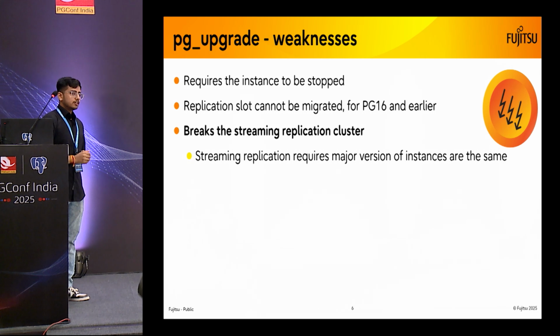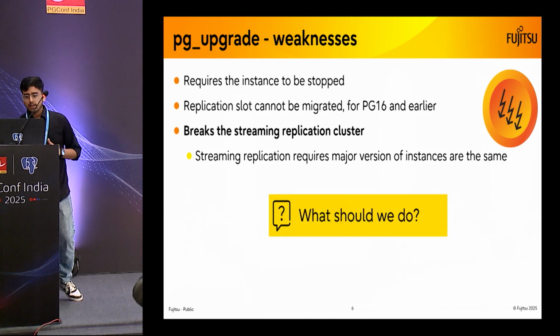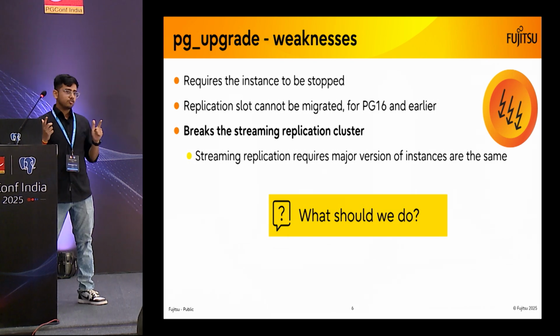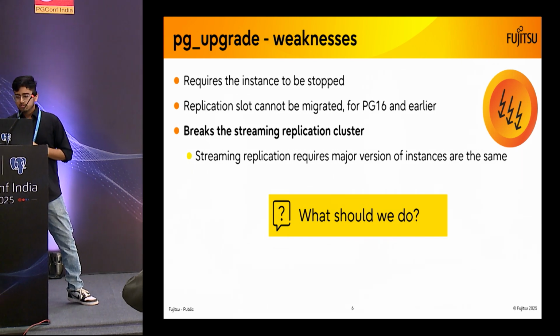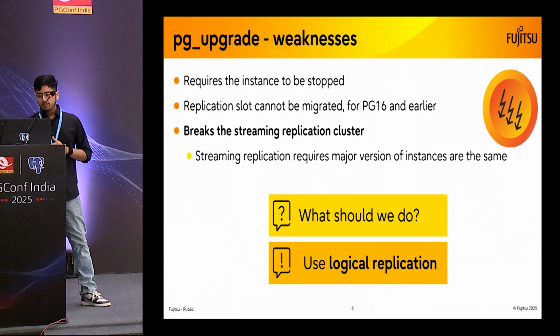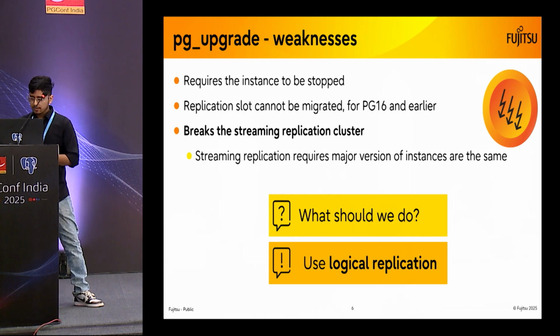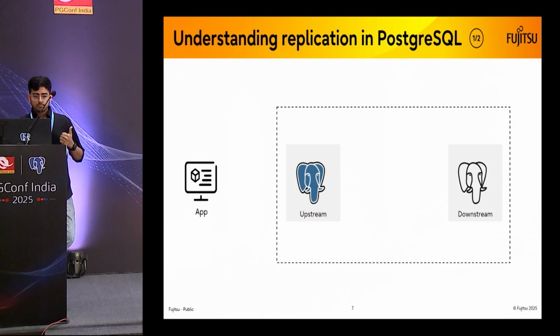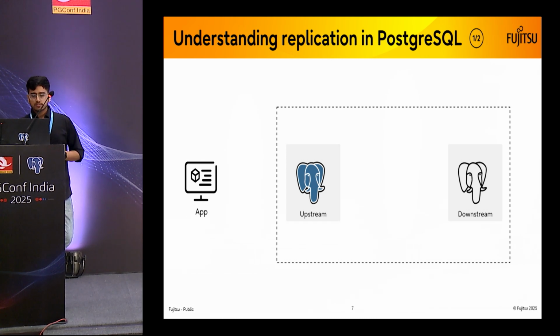So what can we do in that case? Can we do something so that the replication is not broken? We can use logical replication in that case. We will discuss in a later slide why we can use logical replication. First, we will understand the types of replication in Postgres.